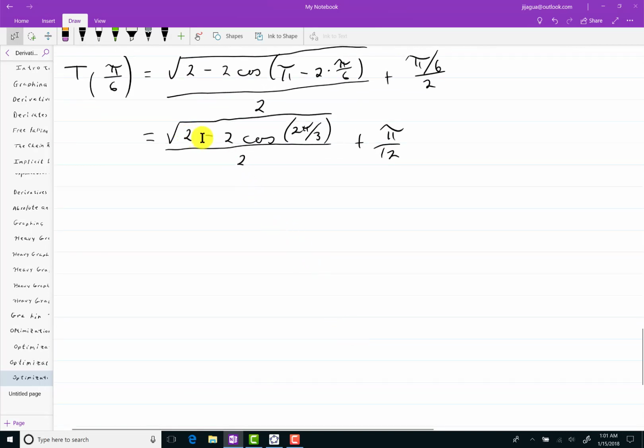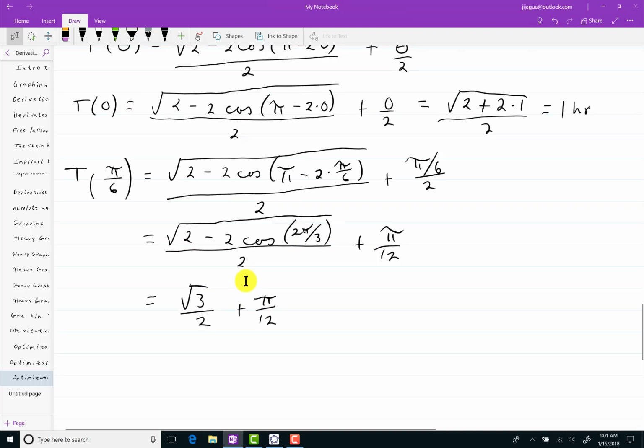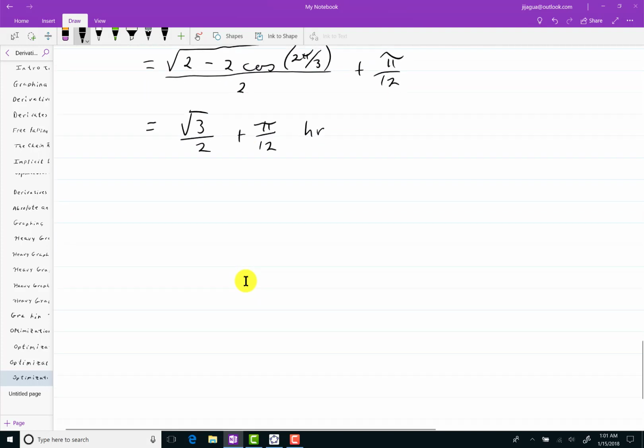And then cosine of 2 pi over 3 is negative 1/2. So inside of this square root, I'll have 2 plus 1, so I'll have radical 3 over 2 plus pi over 12. And that's in hours. Let's go ahead and get an estimate for what that number actually is.